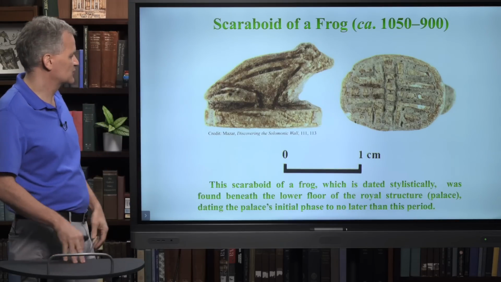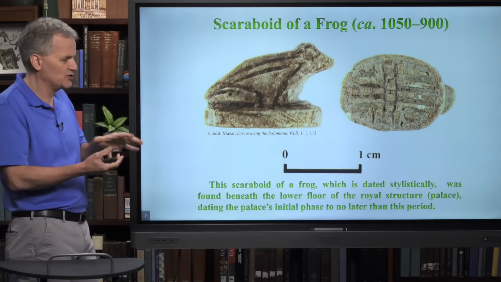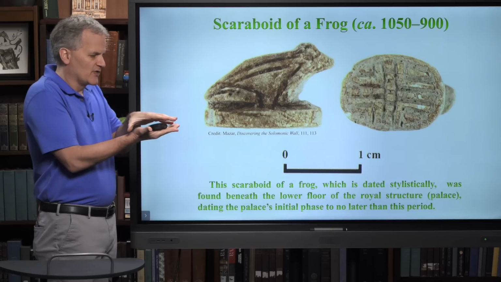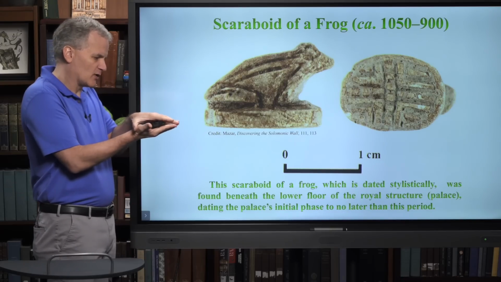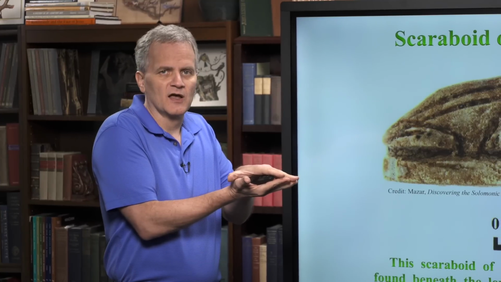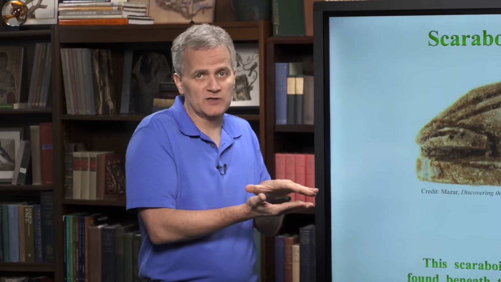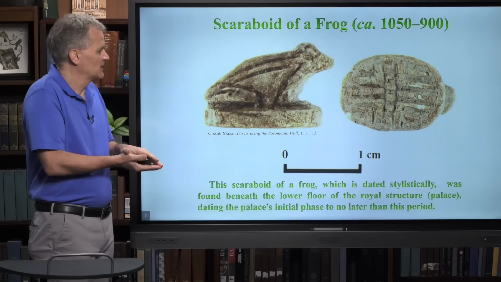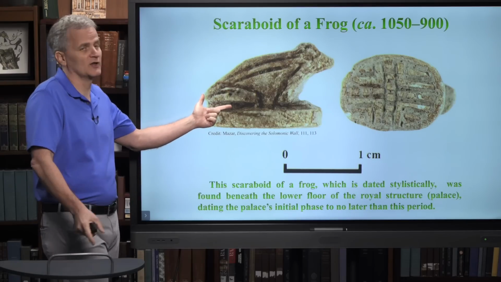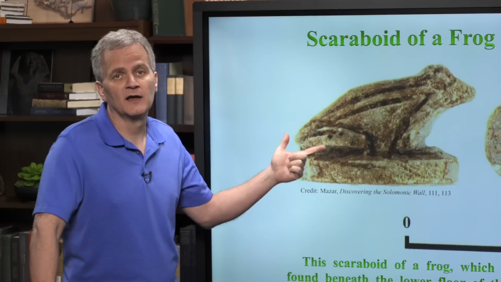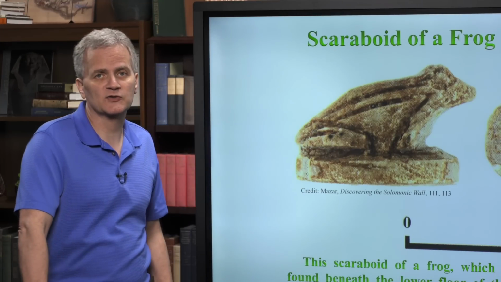Dating the palace's initial phase to no later than this period. So if you can find evidence that's at the foundations or under the foundations of the structure, clearly that's going to be connected to the time frame when the building was made. So this frog is extremely helpful in allowing us to date the structure itself.